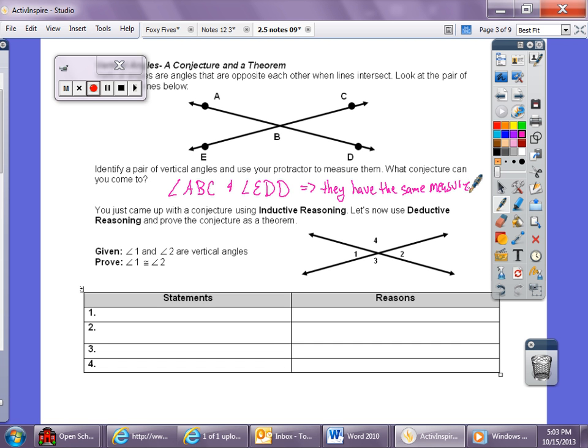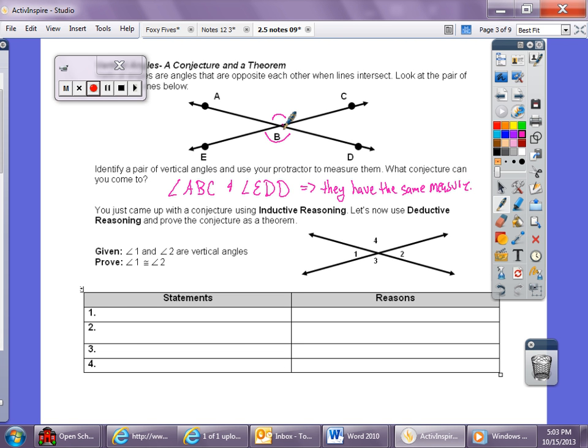They're opposite of each other, and they have the same measure. So we just came up with the conjecture using inductive reasoning. Now we can use deductive reasoning and prove this conjecture as a theorem.